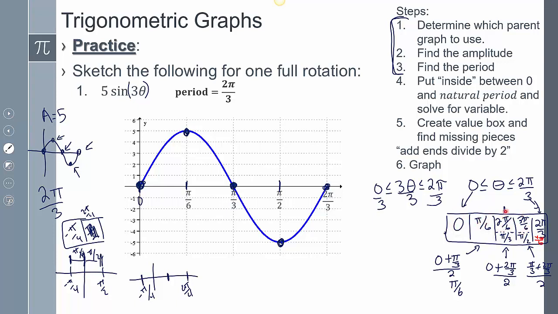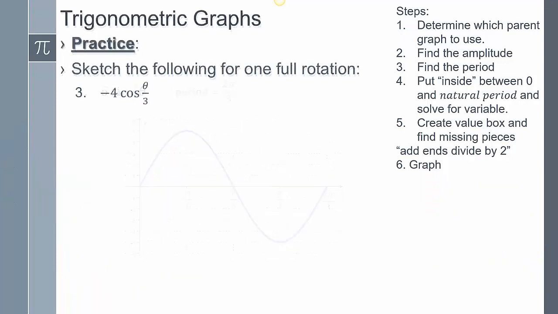To get this one, I add these together and divide by 2, and I got that value. And so now I took these values and was able to plot them on the graph there. I used these values here to sketch it. Here it goes up, crosses, goes below, goes back. And so I was able to graph my graph.